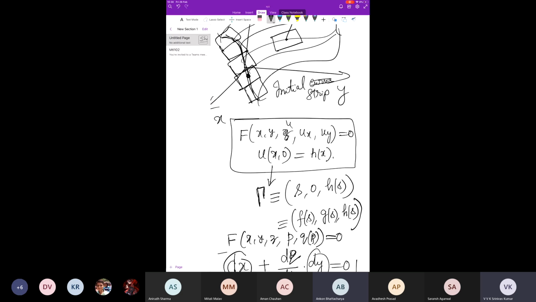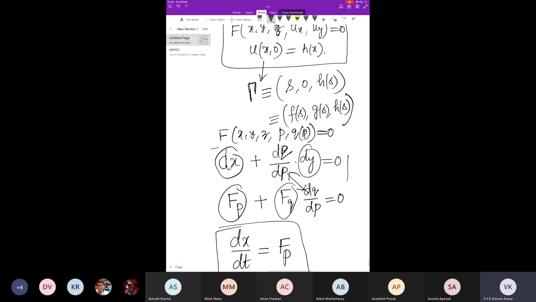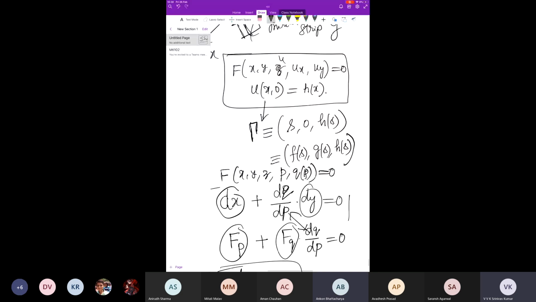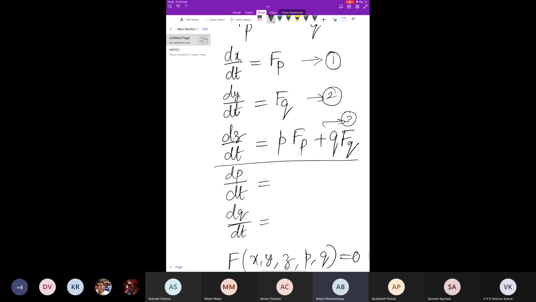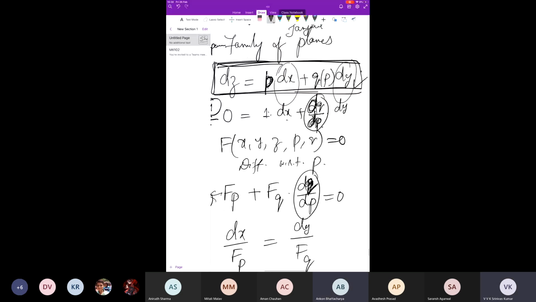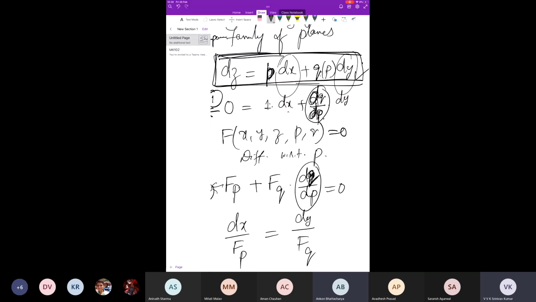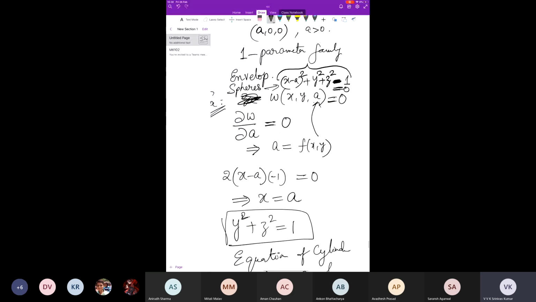Sir, is it by assumption that we are taking dz by dt to be equal to 0? No, where is the assumption? Just scroll above. See, these are the parameters. How do we get the second equation here?